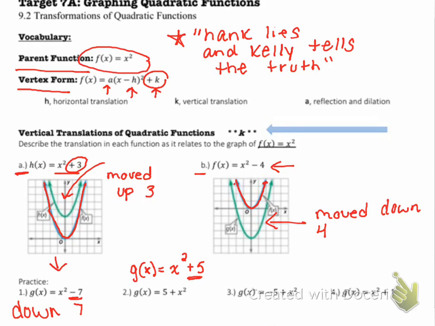Since I have plus 5, I know I'm going to move up 5. For number 3, hopefully you changed it around, writing x squared minus 5, so it would go down 5. And in number 4, I have plus 1, so it's up 1.